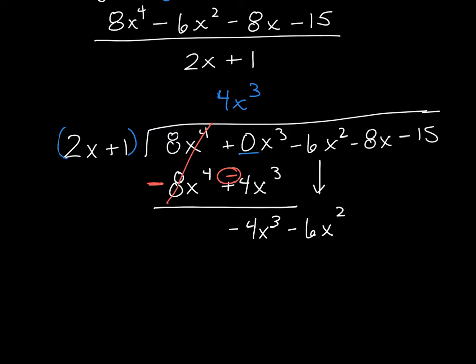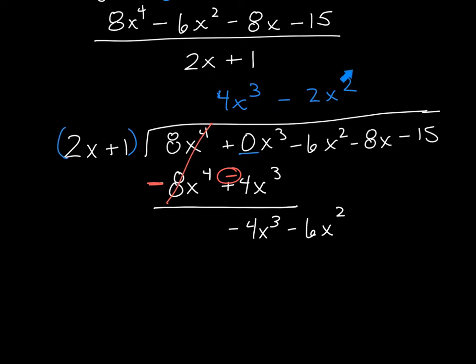And now I start the process all over again. I'm again asking myself, 2x times what will equal 4x to the third? And the answer to that question will go up in your quotient. Mathematically, what I'm saying is that's minus 4x to the third. I divide it by 2x, and that is negative 2x squared. So that is what goes in your quotient. So let's go ahead and take all of that.